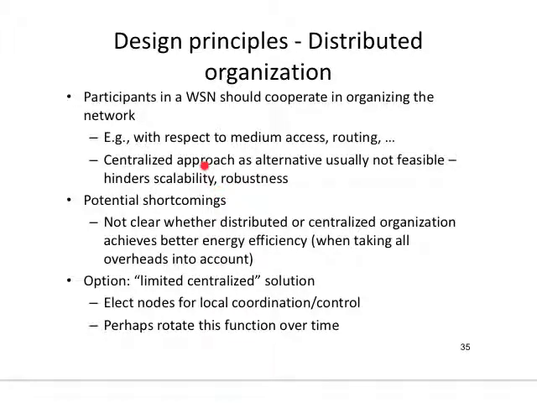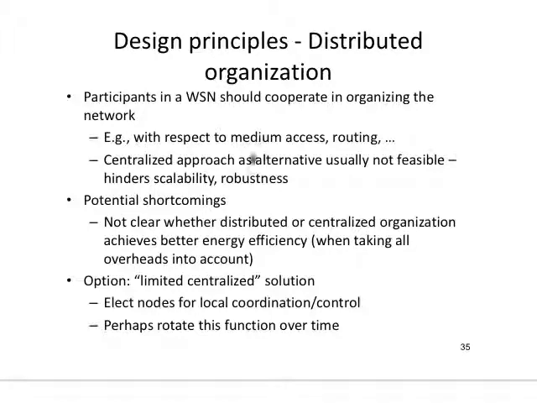However, doing medium access or routing in a totally distributed manner is also very challenging in many cases, particularly if you're talking about optimizing the power and synchronizing the duty cycles or the sleep periods and so on.